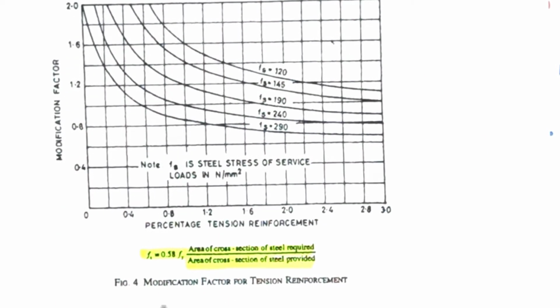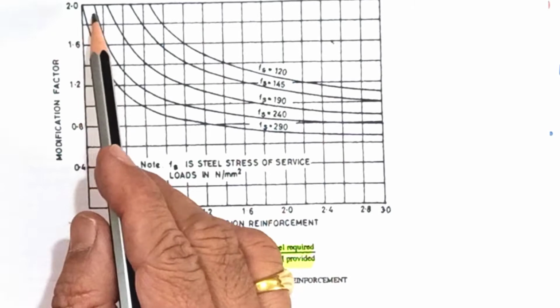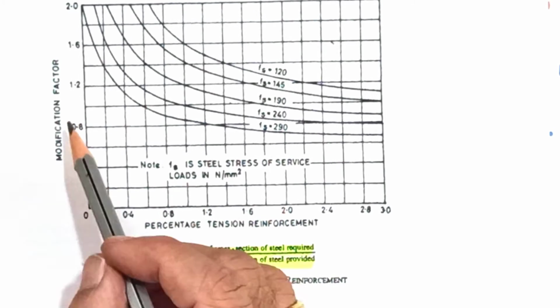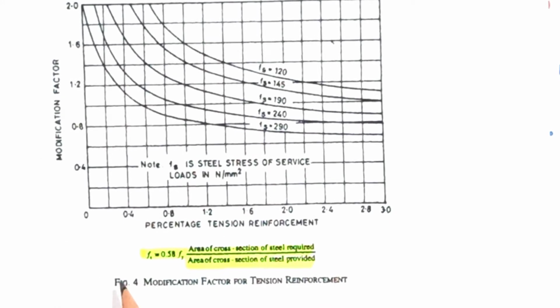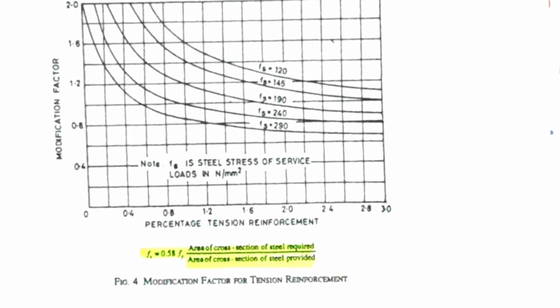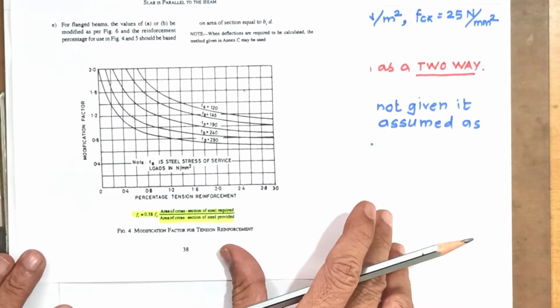This is figure number 4. Here different curves are given, modification factor, percentage tension reinforcement. So you have to assume that percentage reinforcement and accordingly you have to assume that modification factor. Okay? So let us see what is that modification factor, how it is assumed.